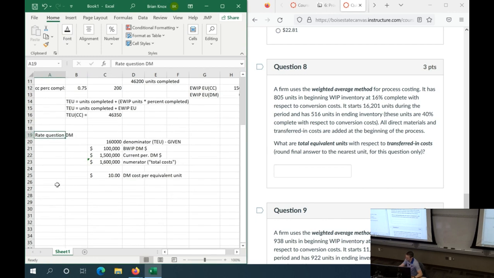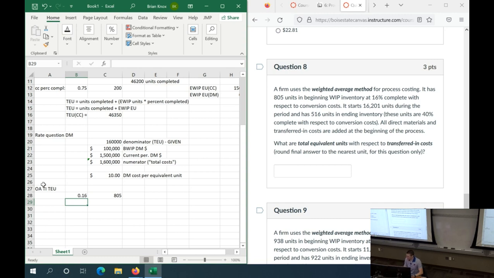All right, let's start writing up our question. This is our open answer TEU question. Let's write it in code so no one can figure out what we're saying. 805 beginning WIP units, and they're 0.16 complete, because they're 16% complete.